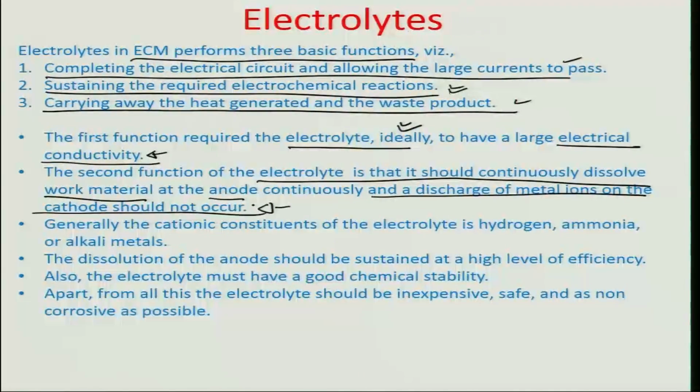So there has to be a combination of the processes of dissolution as well as a process of precipitation simultaneously, so that on one hand the workpiece gets dissolved and the redeposition on the tool does not happen.